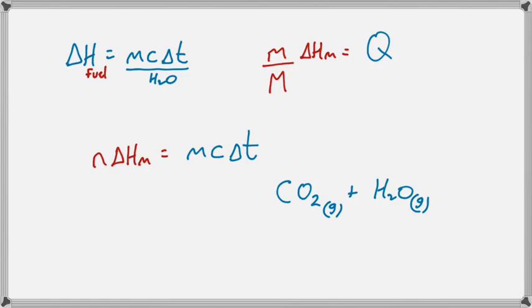But in a calorimeter, you're going to get CO2 gas and H2O liquid. That's not going to play a huge part right now in any of our calculations, but I just want that to be in your mind because it is going to change things pretty significantly later on.